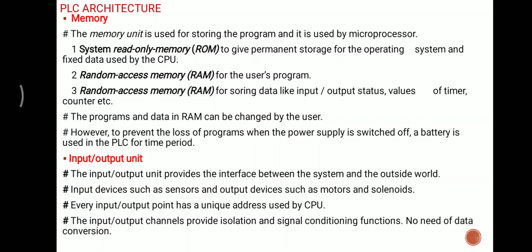First is system read only memory, in short ROM, to give permanent storage for the operating system and fixed data used by the CPU. It's just like our mobile ROM for installing basic or important default applications on the mobile. That memory is required, and it is provided by this ROM.